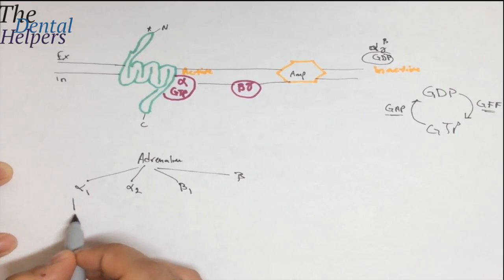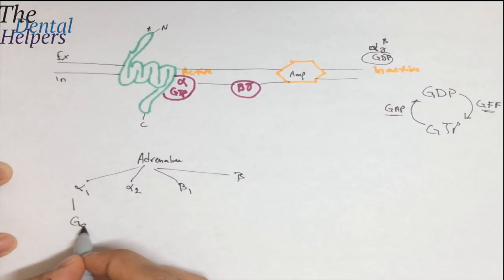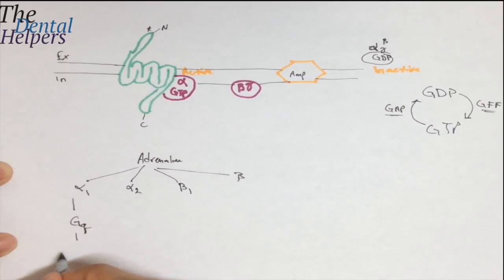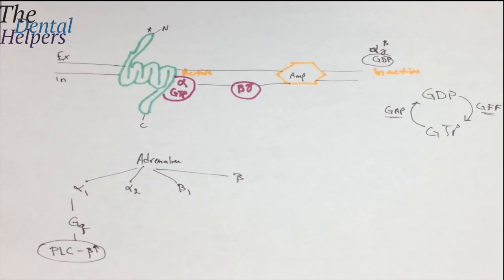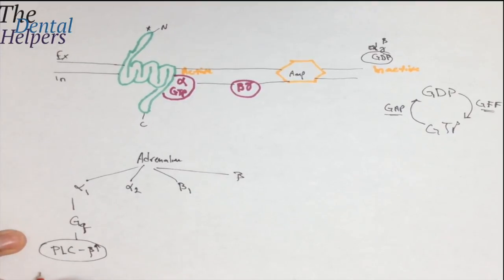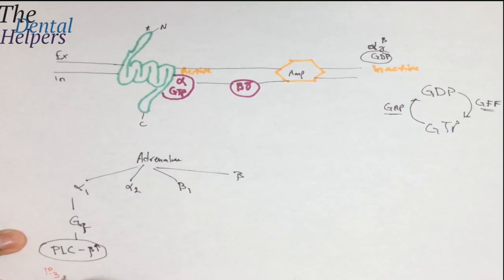And alpha-1 is related to GQ. And GQ is responsible for PLC beta increase. And what this does right here is we're going to have stimulation leading to the formation of IP3 and DAG.